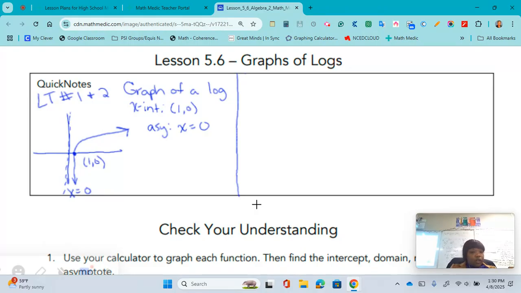When we talk about our domain, that is our x values. The only x values that are being used are all real numbers greater than 0. Range, which is our y values, this graph goes up forever and down forever. So our range is all real numbers.